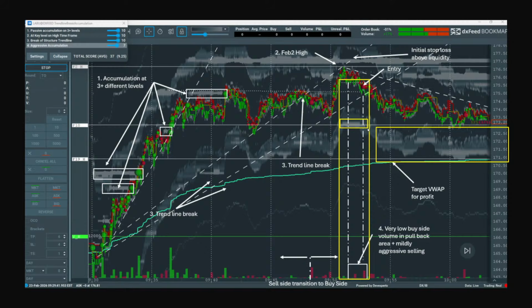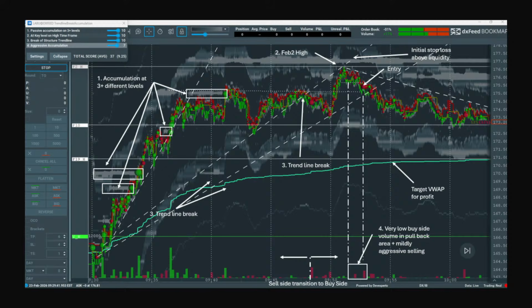I don't know if you see that, Bruce. This here. For some reason, I'm not seeing your cursor on the YouTube. Yeah, I just saw it. Yeah, the 173 level in between the 2 vertical white dash lines. So now my eye would be more drawn to that specifically. So maybe this wasn't too early of an entry, honestly. Thanks to John, I'm really keeping an eye out for this stuff.